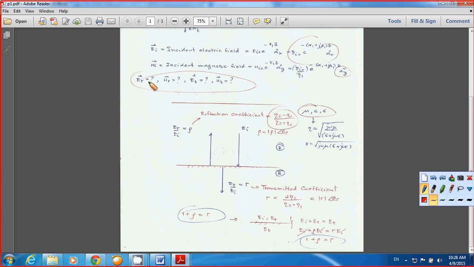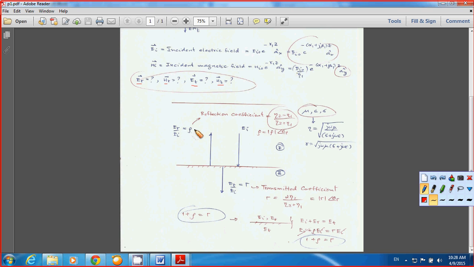Well, to be able to find Er, Hr, Et, Ht, we're going to define what we call the reflection coefficient, which is equal to the ratio between the reflected field over the incident field, and also define tau as the transmission coefficient, which is equal to Et over Ei.